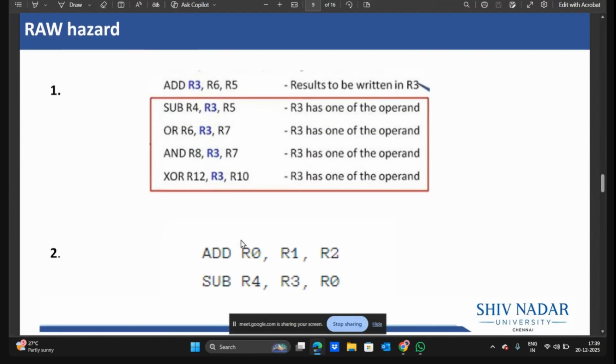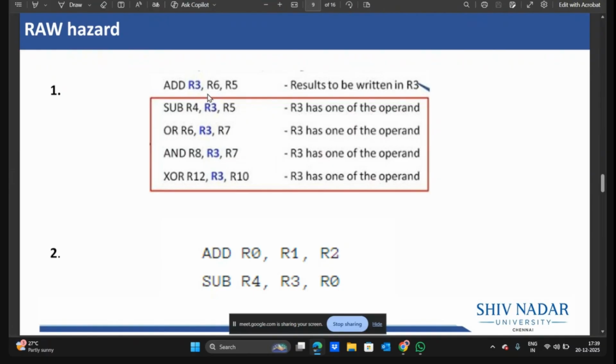So first we'll see the RAW hazard. Here you see first you're adding the values of R6 and R5 in R3, so the result is to be written in R3. Then you're subtracting R3 and R5 in R4.